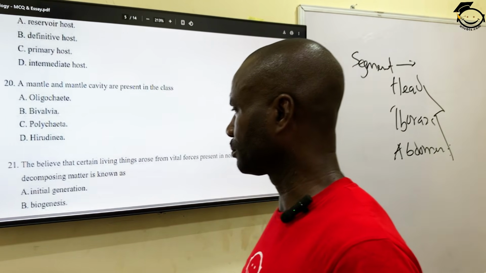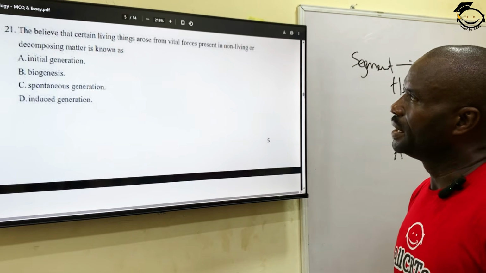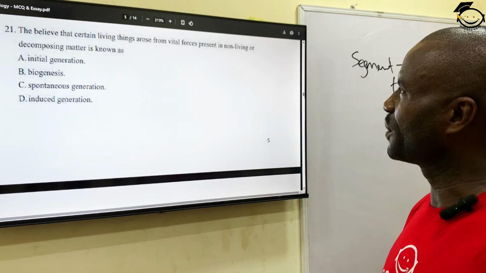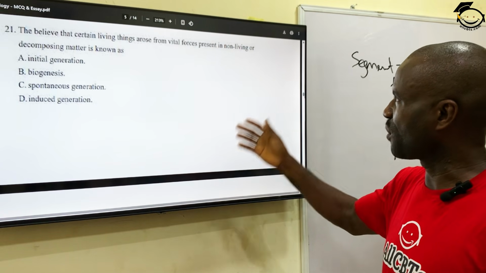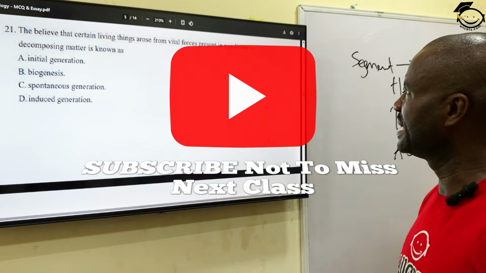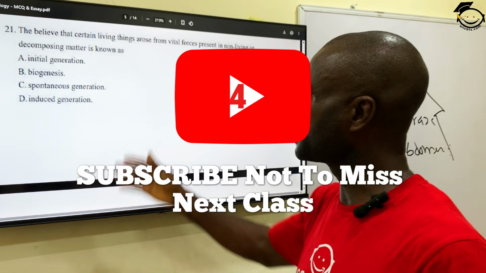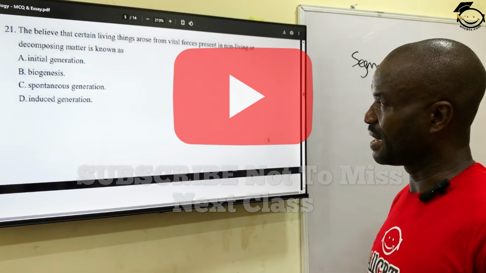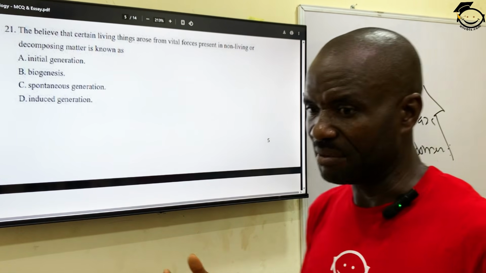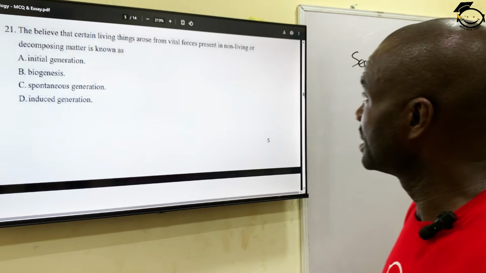Number 21. They believe that certain living organisms arise from vital forces present in non-living or decomposing matter. They have this belief that living organisms stem from what?